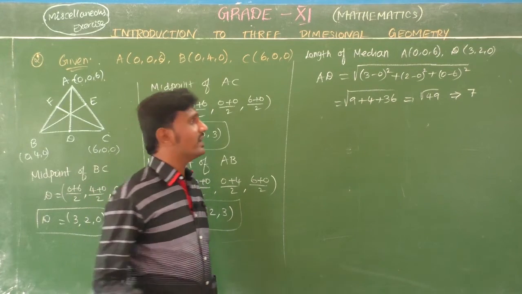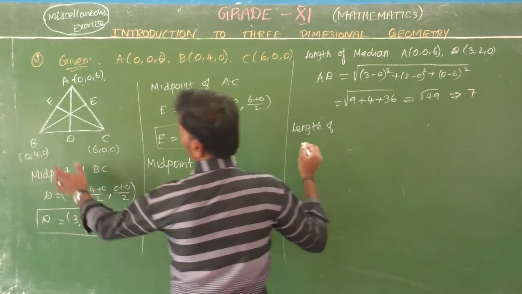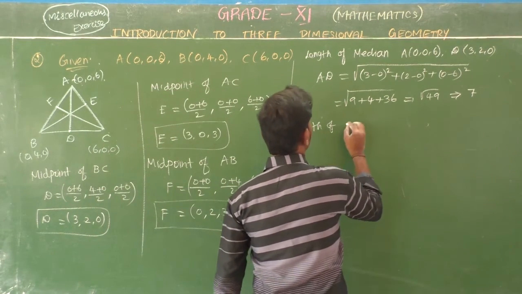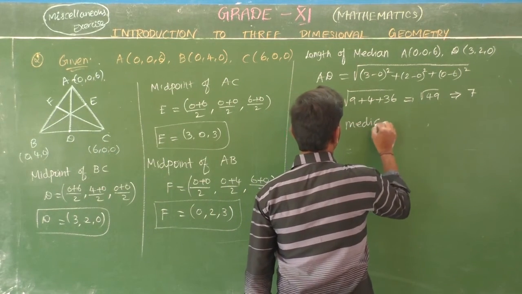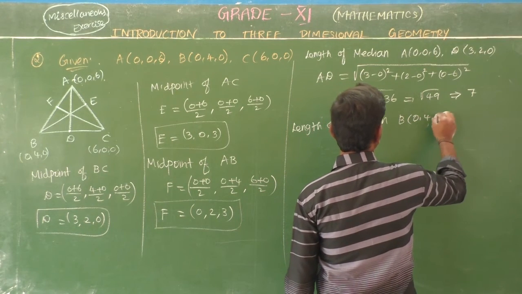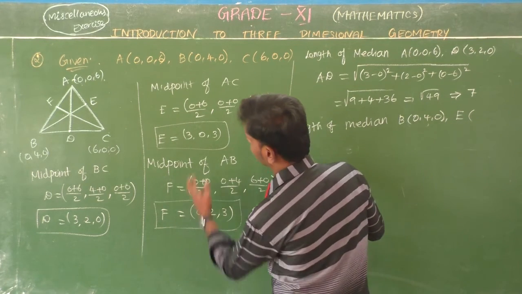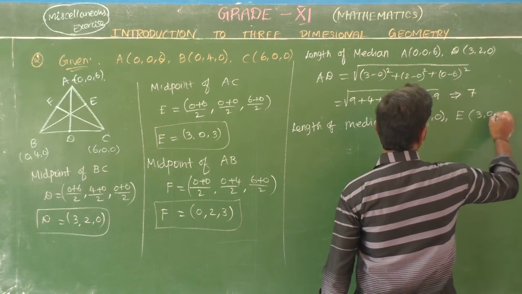Next we want to find the length of the median BE. The vertex B is (0, 4, 0) and E is (3, 0, 3).